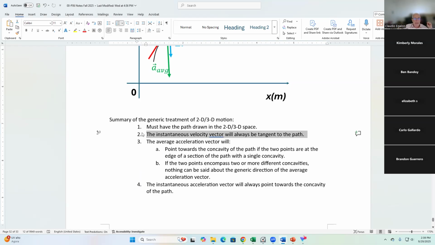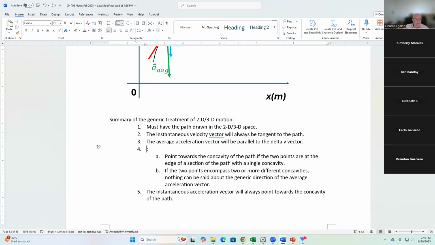The average acceleration vector will point towards, let me change that because it's not complete. This point here is not completely true. The average acceleration vector will be parallel to the delta V vector.